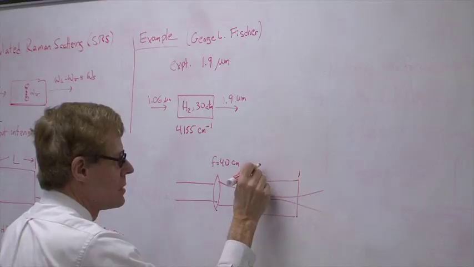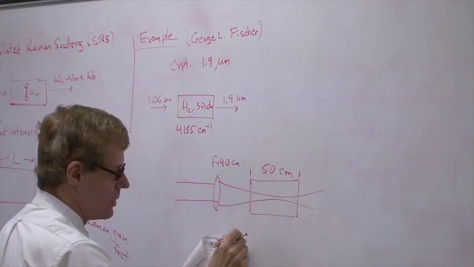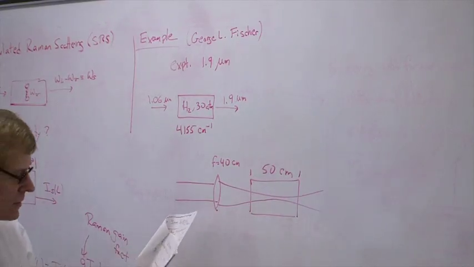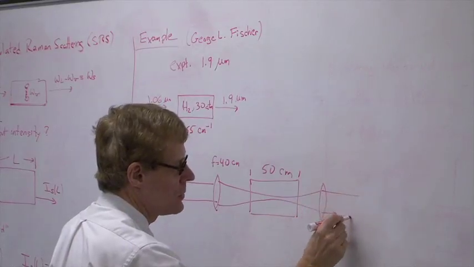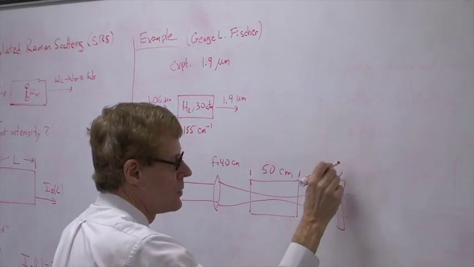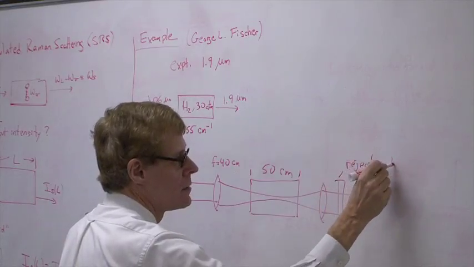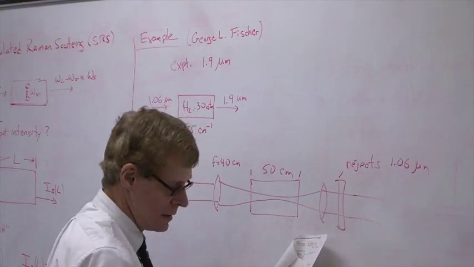This was 50 centimeters long. I've already told you 30 atmospheres. He collimates the light coming out. He puts it through a filter. This rejects 1.06 microns.